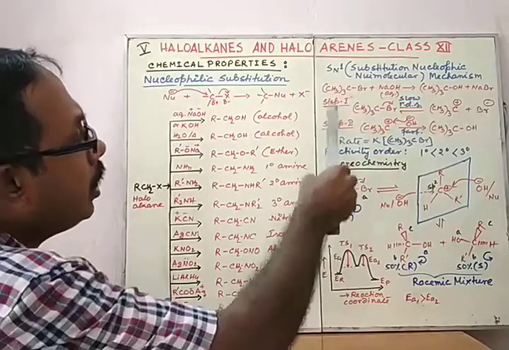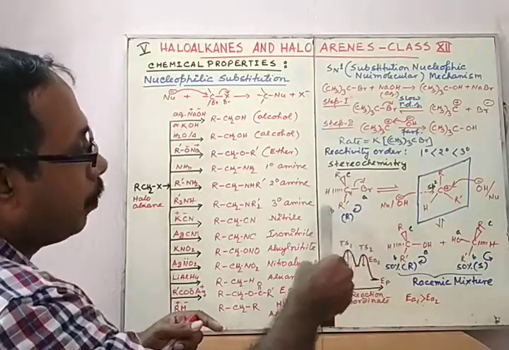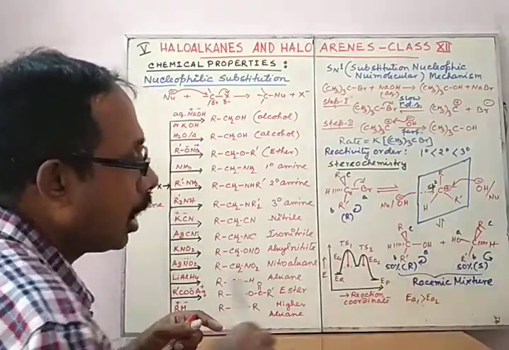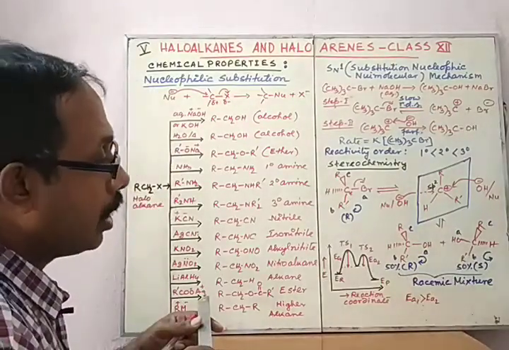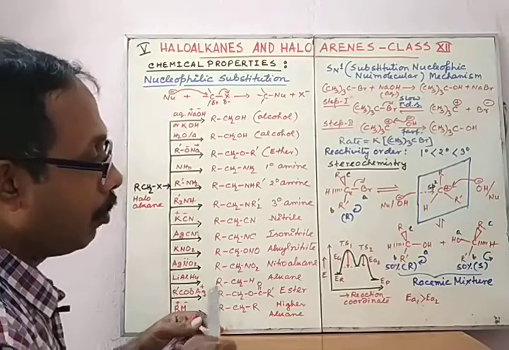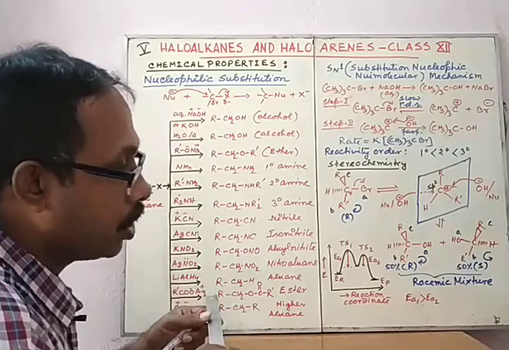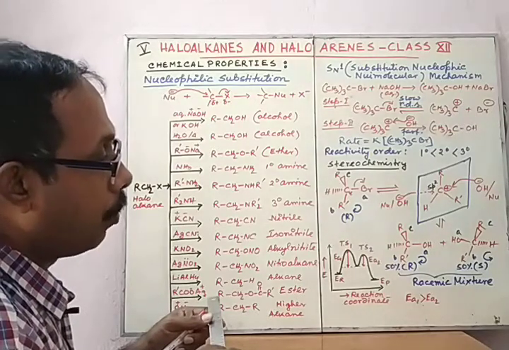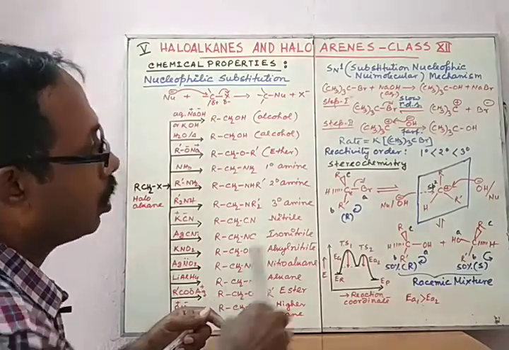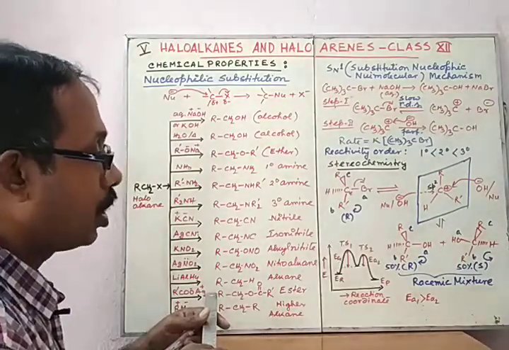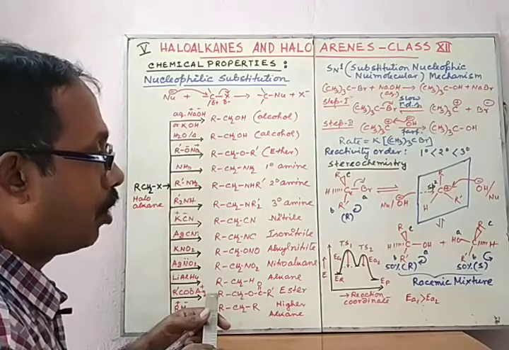So in SN1 reaction, starting with an optically active compound, we will get a mixture of two optically active compounds. Each one is having 50% product, and their specific rotation will also be opposite, and hence the mixture will be optically inactive. So the stereochemistry of SN1 reaction can be stated as racemization takes place in SN1 reaction.